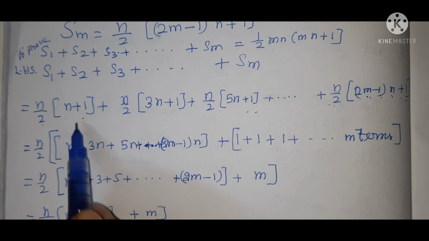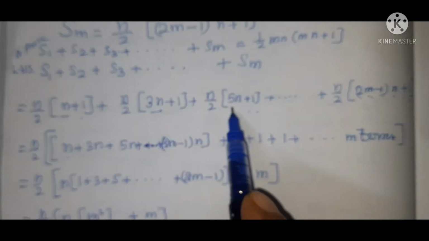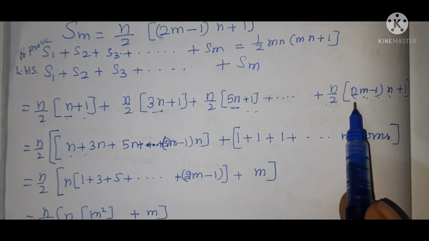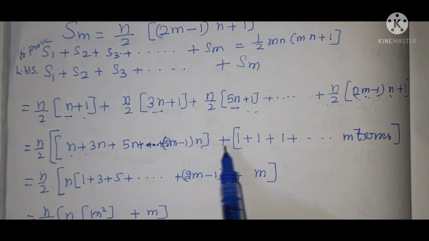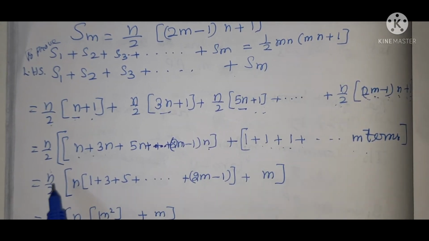Taking n by 2 common, we get n plus 3n plus 5n and so on plus 2m minus 1 into n, plus 1 plus 1 plus 1 up to m times.